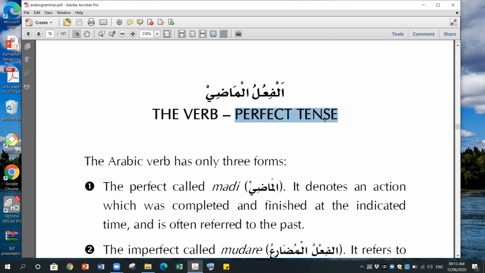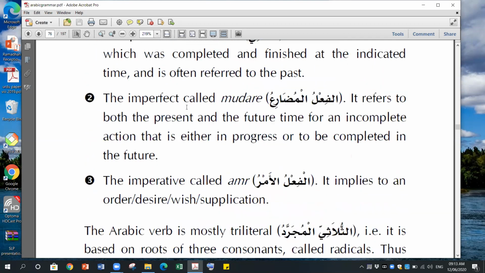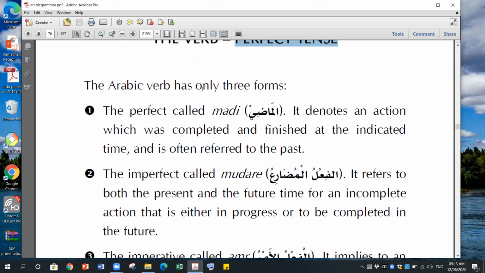The other one is fi'lul mudare. Arabic has only three forms, they said. But I will tell you why there are only two forms of tenses.